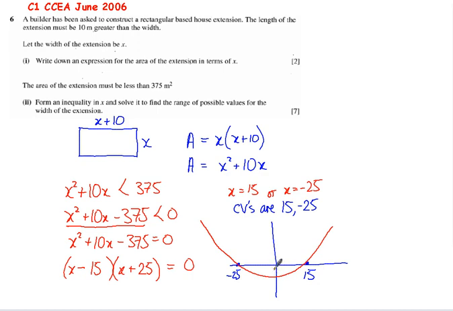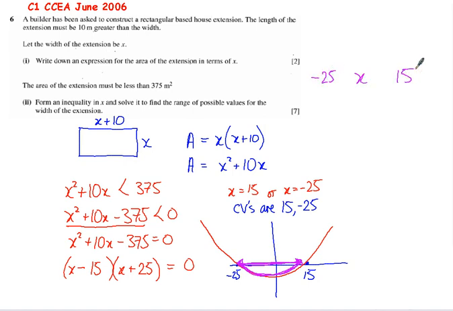In other words, it's less than 0 whenever we are between the values of minus 25 and 15. So in this region here, those values of x, the curve is below the x-axis. It is less than 0. And so my values of x are between minus 25 and 15.